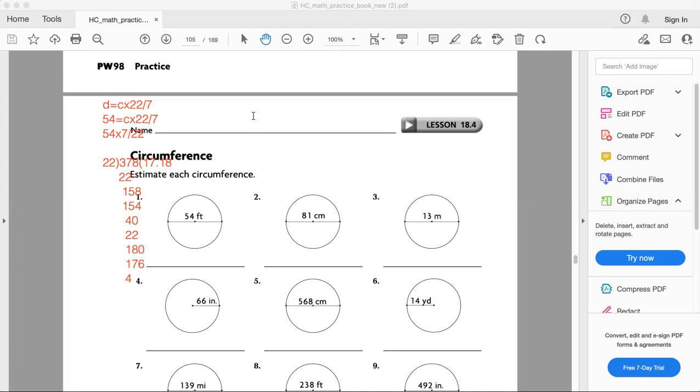The same way, Tuhin. 81 is the diameter, so 81 equals 3 multiplied by 22 by 7.